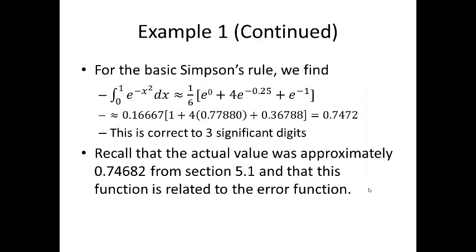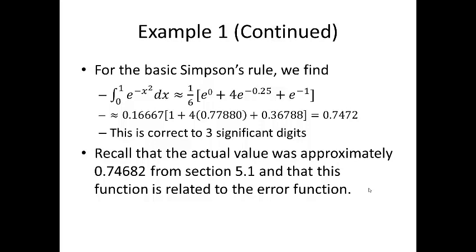Again, here we're just going to apply Simpson's rule without going through the derivation, and it's approximately equal to 1/6 times e raised to 0 plus 4 times e to the minus 0.25 plus e to the minus 1. And when we work it out, we get 0.7472, which is actually correct to 3 digits.